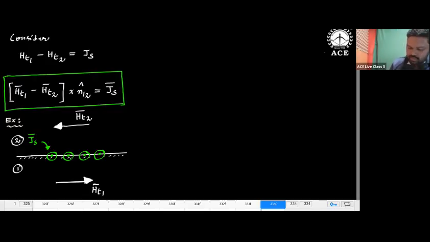Okay, beta. See here. What is this N12? It is a normal from medium 1 to medium 2.